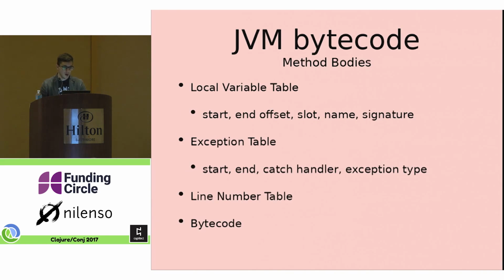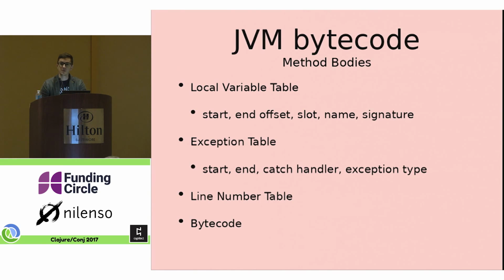Those method bodies have some quite interesting properties, and they're very rich in what they contain. They have a lot of debug information which the Clojure compiler helpfully emits, such as the local variable table, which gives you a set of local names to offsets in the bytecode, which the JVM uses for printing useful debug information in stack traces.